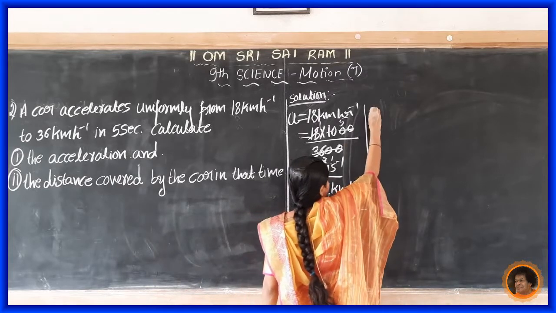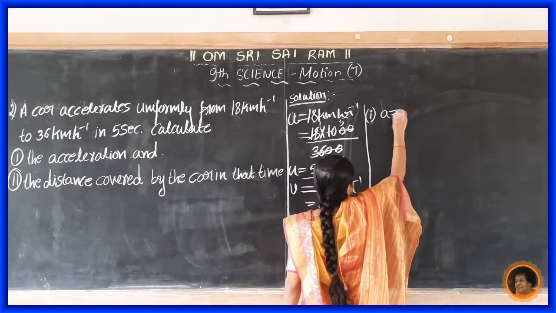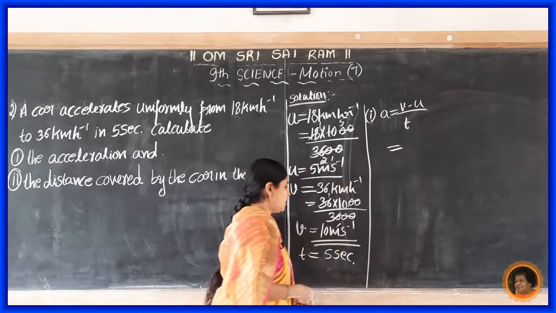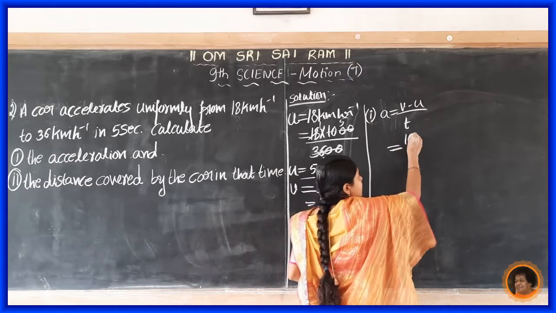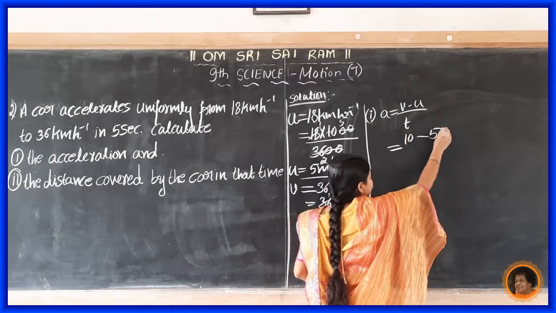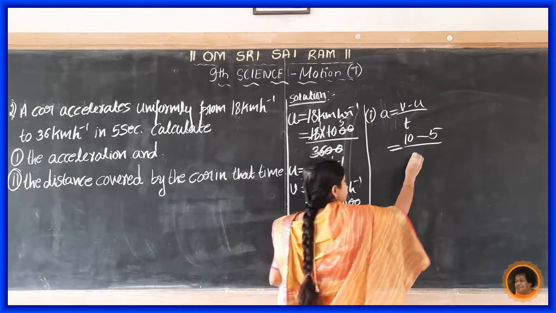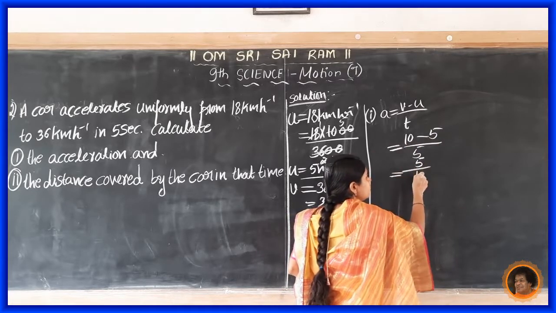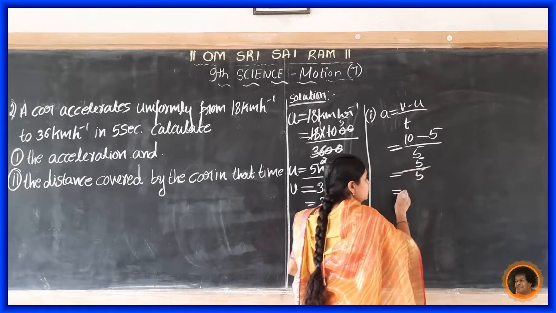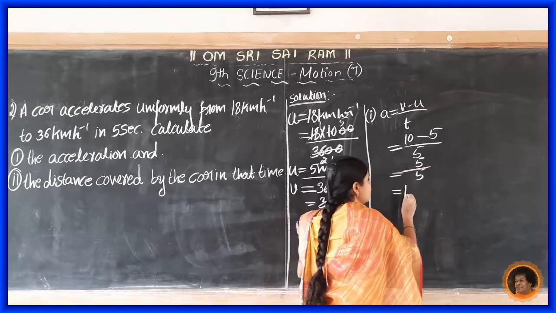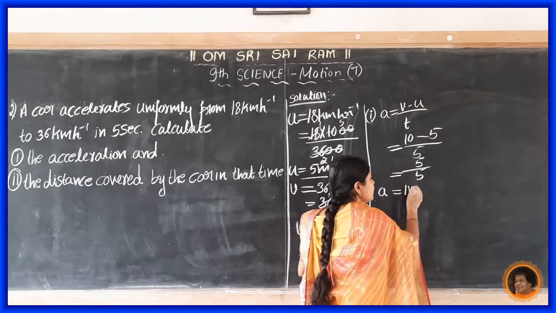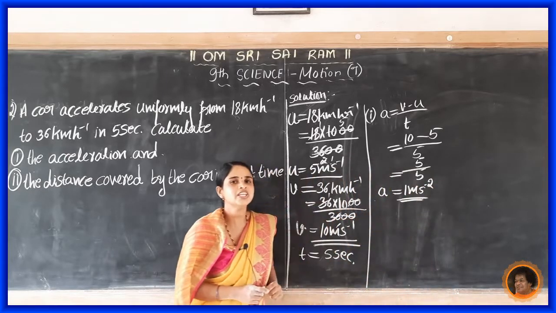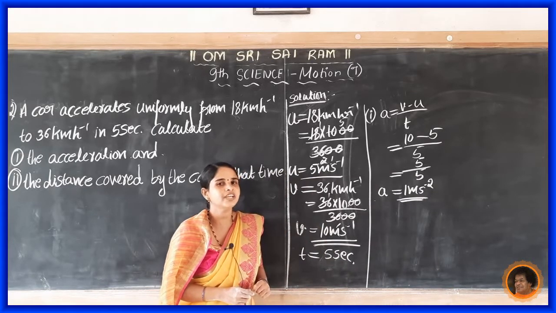Acceleration formula: a equals v minus u divided by t, equals 10 minus 5 divided by 5, equals 5 by 5, equals 1. So a equals 1 meter per second squared. Why meter per second squared here? Because it is acceleration, and the unit of acceleration is meter per second squared.